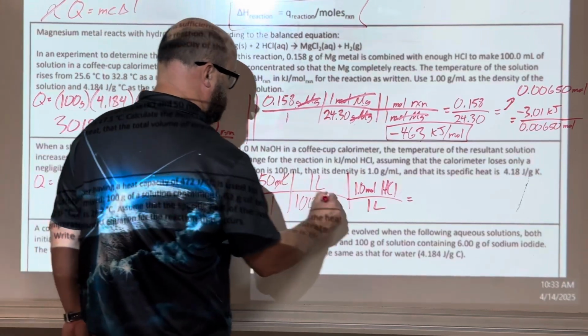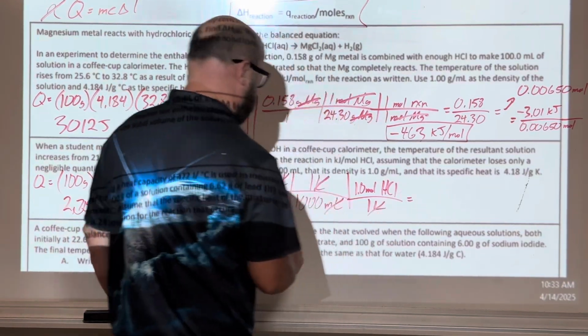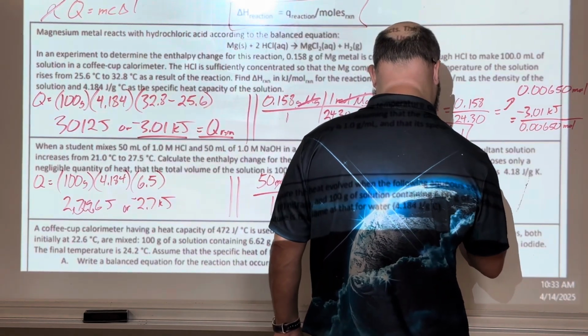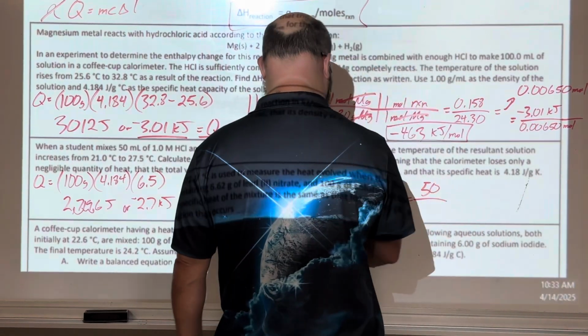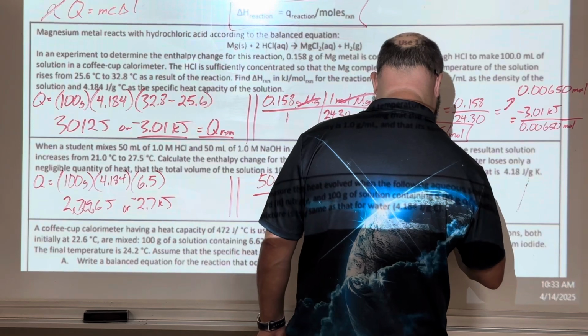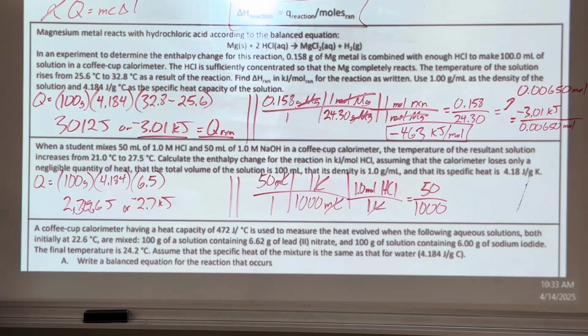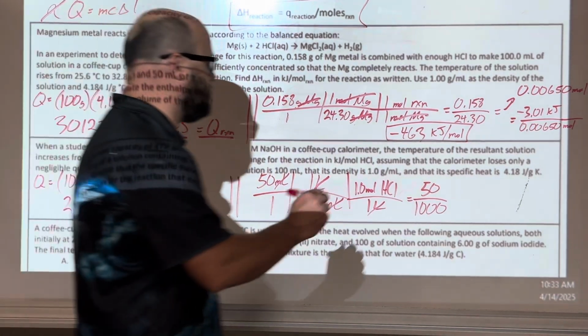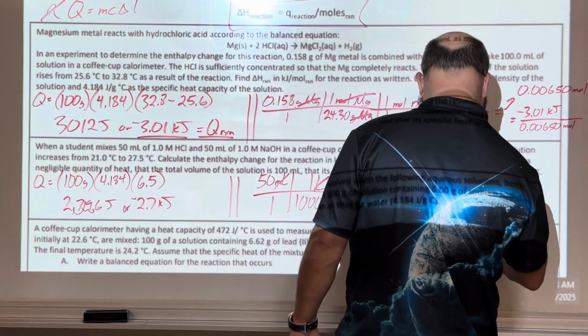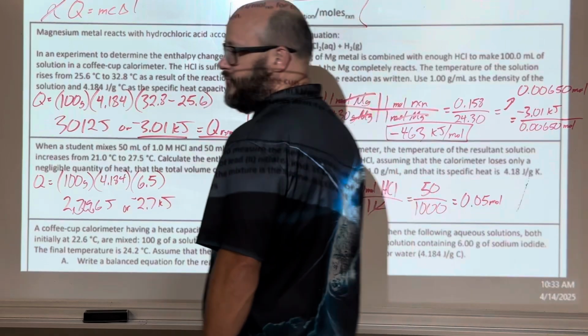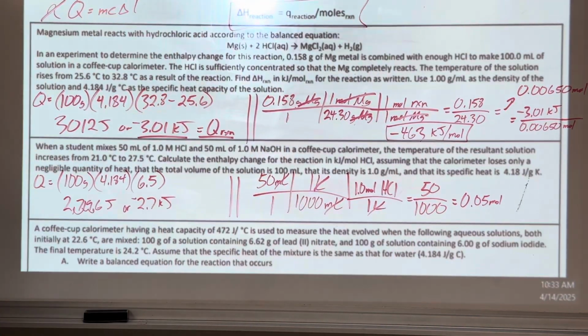These are pretty easy numbers. mL cancels out, so does liters. 50 times 1 is 50, divided by 1,000 times 1 times 1. And we plug that in the calculator. 50 divided by 1,000 is 0.05 moles of HCl.